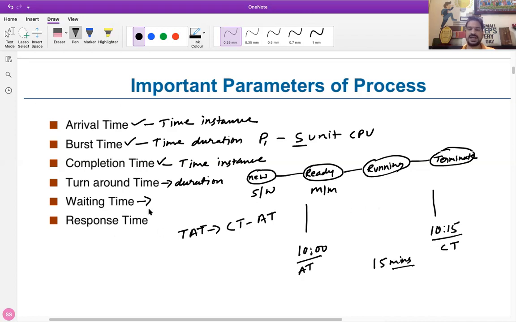Let's say you went to a doctor and there is a queue in which you are sitting. Based on your arrival, there is a queue. Let's say you are patient number 10. So you have to wait till patient number 9 is served by the doctor. Then only you will get the chance.